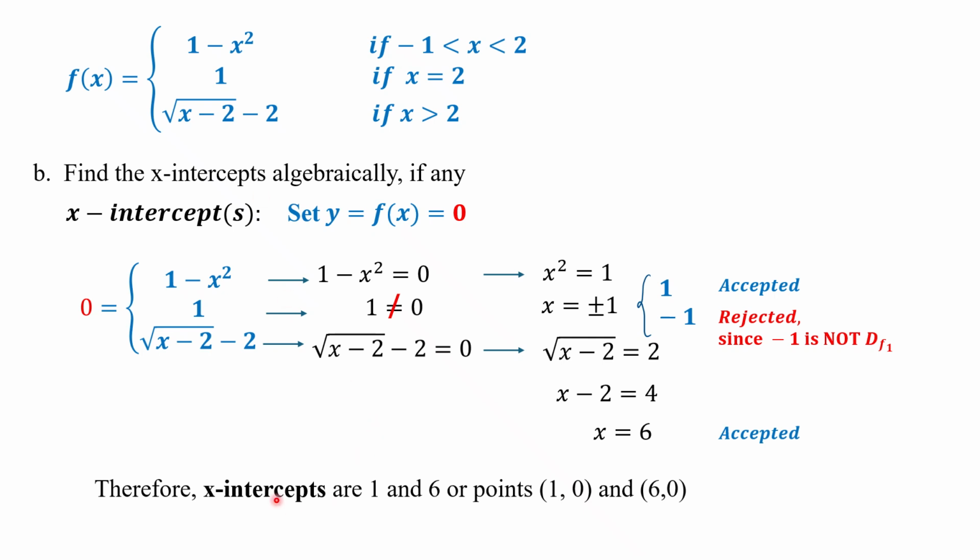Therefore, the x-intercepts of the function f are 1 and 6, or points (1, 0) and (6, 0). And take note, in finding the x-intercept, it is required to show that you equate to 0 in each equation. Since we have three equations, make sure that you equate these three equations to 0 and show your solution.